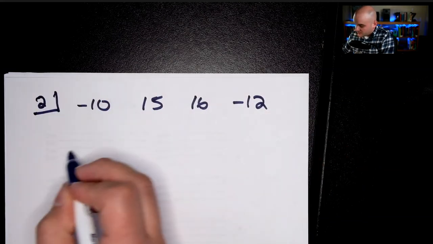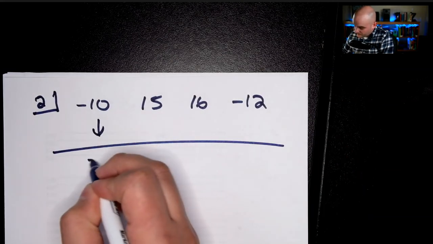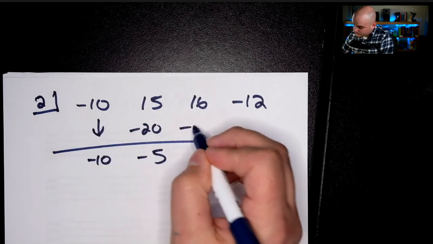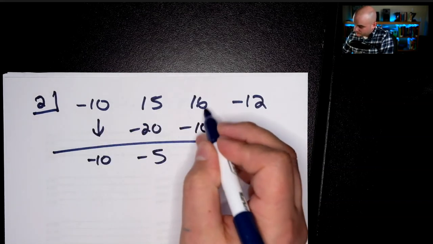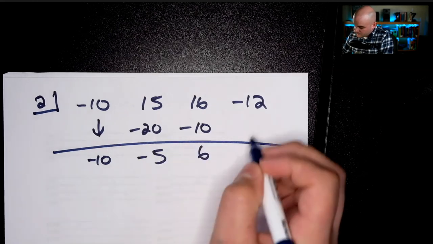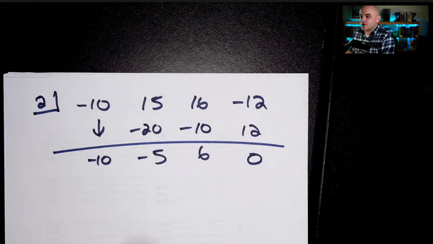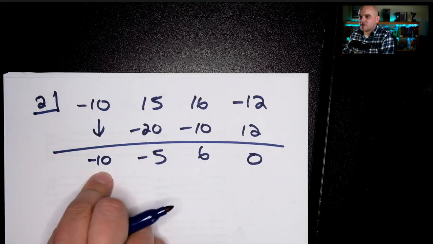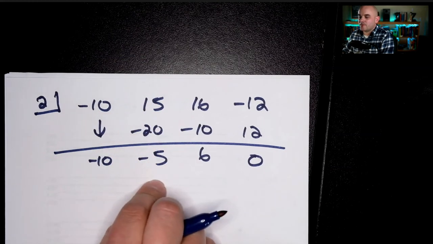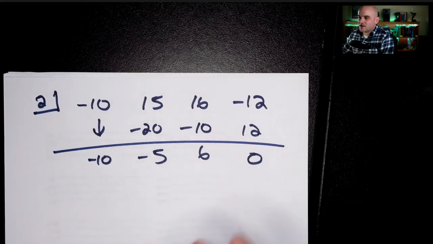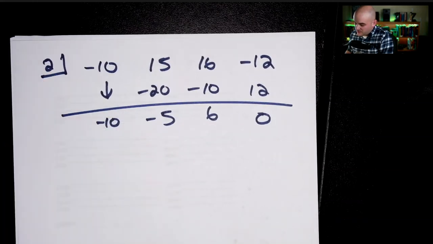Let's try +2 this time. Oh, look at that. I got 0. And it's good to double check. So here, drop the -10, double it, add them, double it, add them, double it, add them, and get 0. So that means 2 is a 0 here.